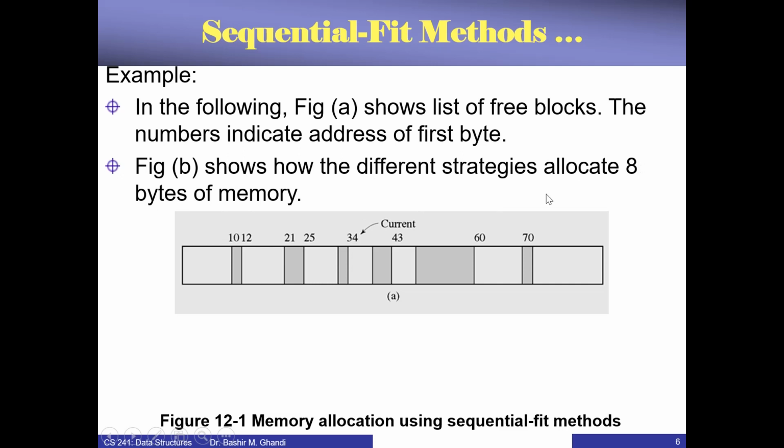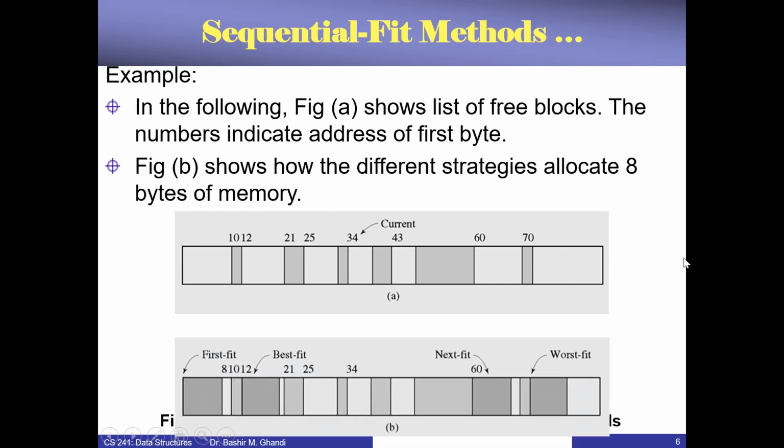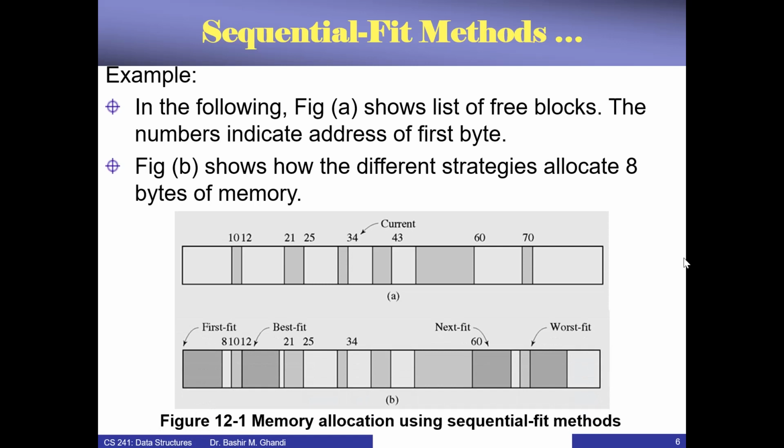So there is a request of 8 bytes from a certain program, and we want to see how the different strategies will allocate the 8 bytes requested based on the information we have here. Figure B shows what will actually happen. The request is for 8 bytes.